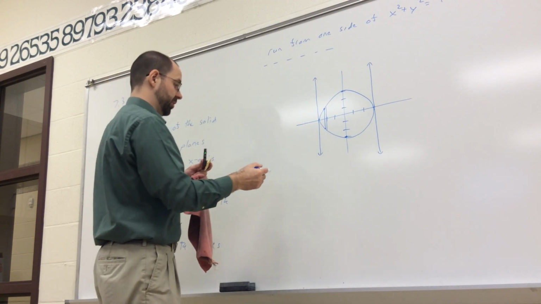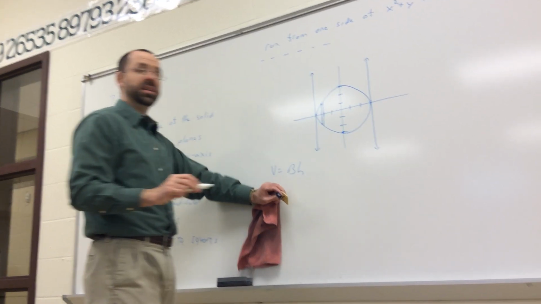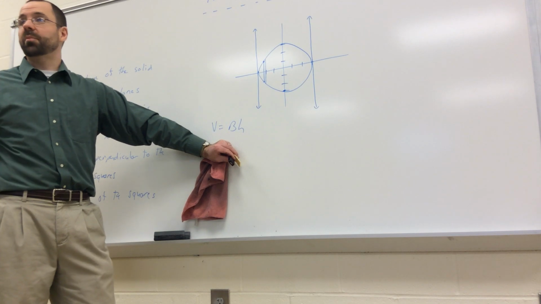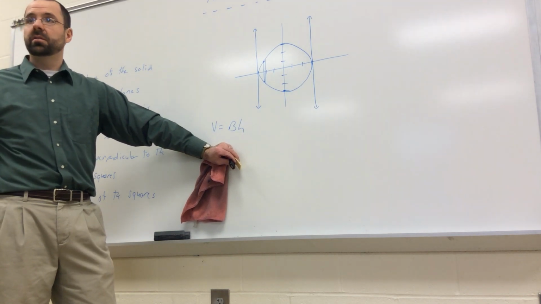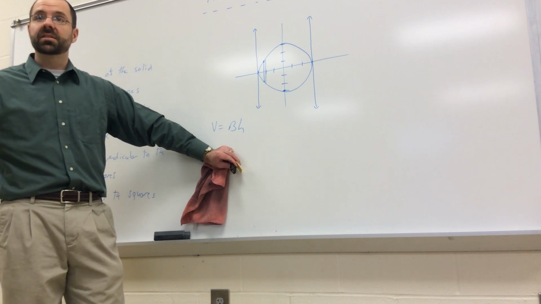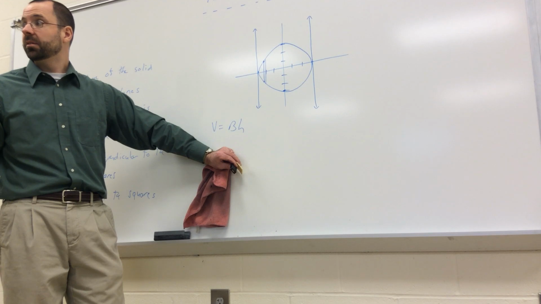Okay, to find the volume of the slice, you use the formula capital B times H. What does the capital B stand for? The area of the base, right? So when it was the watermelon slice, the capital B was pi r squared.